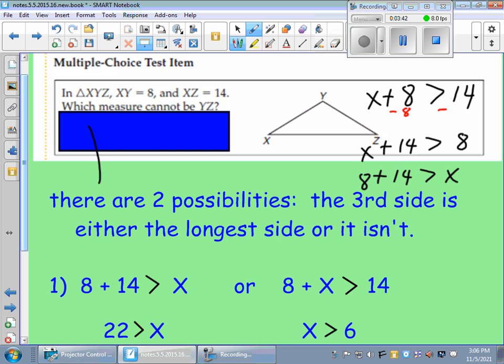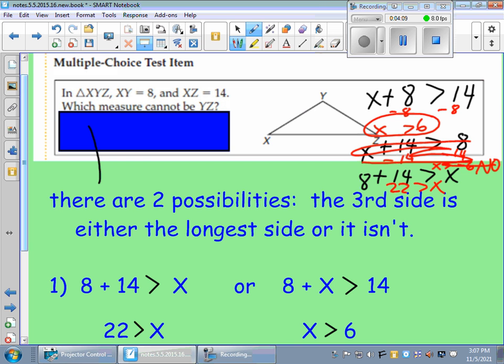I subtract the 8, and I get that x is greater than 6. When I subtract the 14, I get x is greater than negative 6. You can't have a negative number, so we won't even use that one. The next one is 22 has to be greater than x.